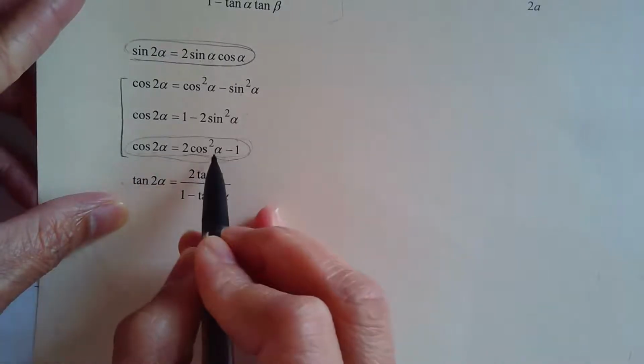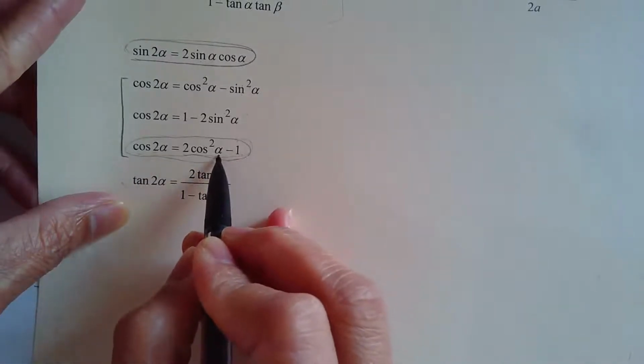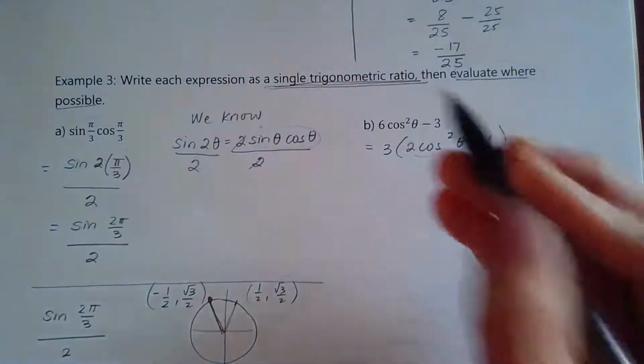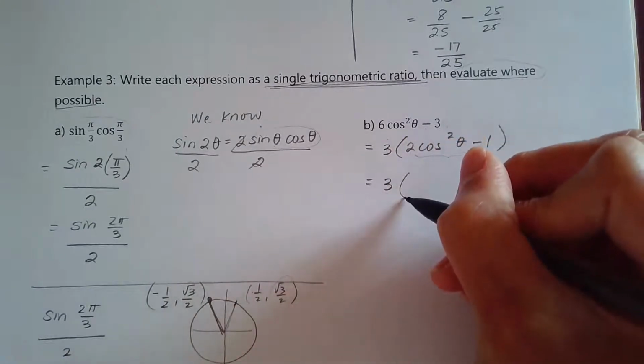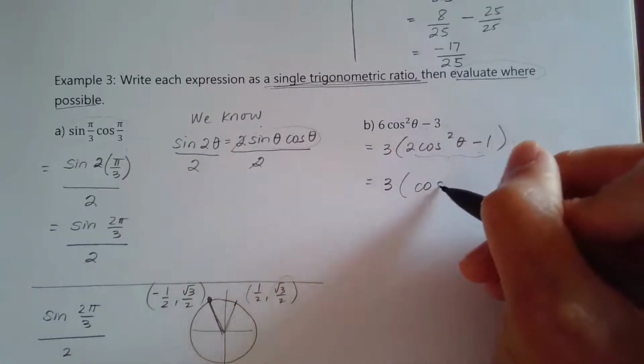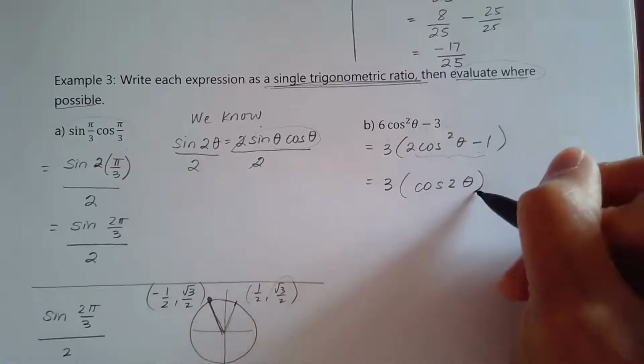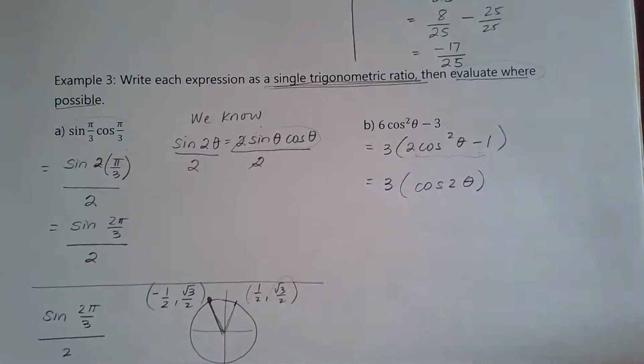Instead of theta, they use alpha here. So we can simplify this part with 3 times cos 2 theta.